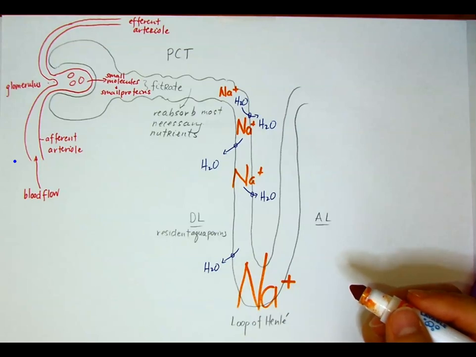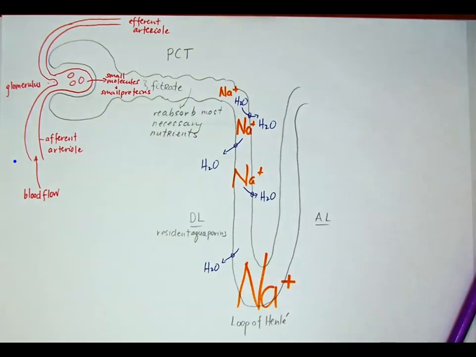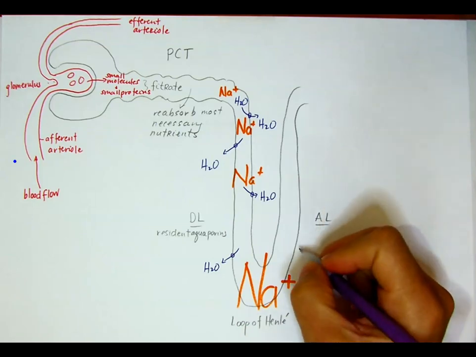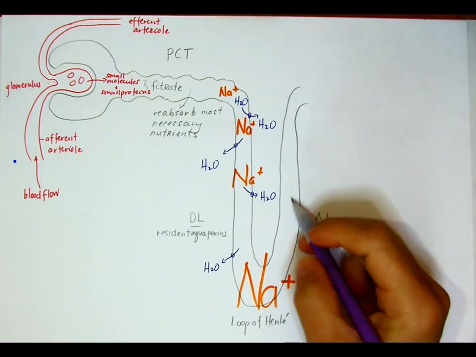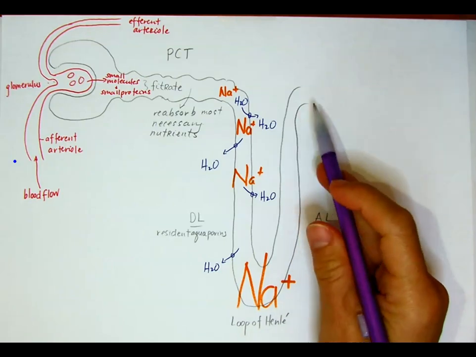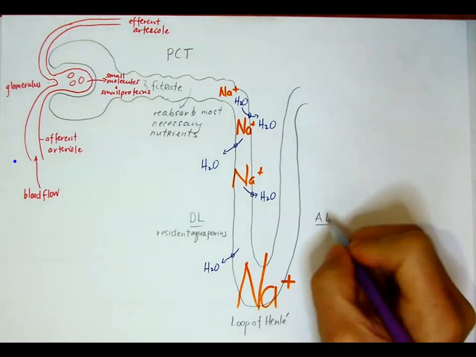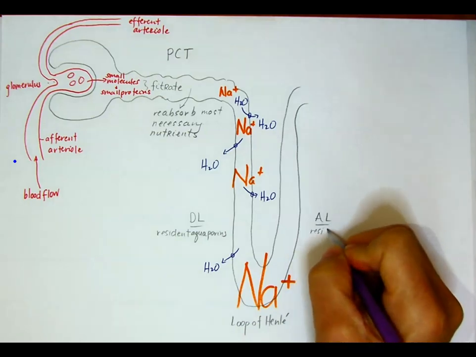Now, what's going to happen in the ascending loop? The ascending loop is selectively permeable. Here's that word again. And it's selectively permeable for sodium. And that's where sodium reabsorption occurs. So now as I go up the ascending loop of Henle, there are going to be resident sodium channels in here.